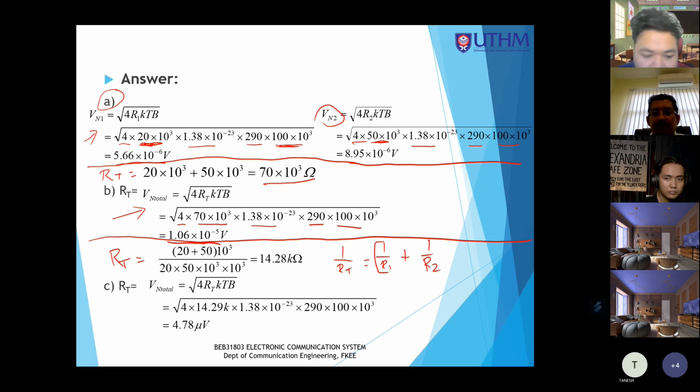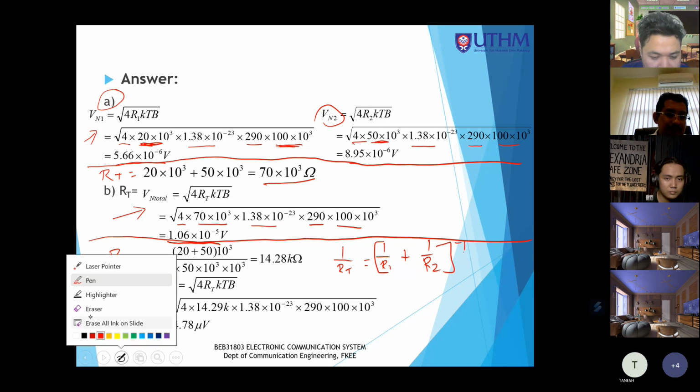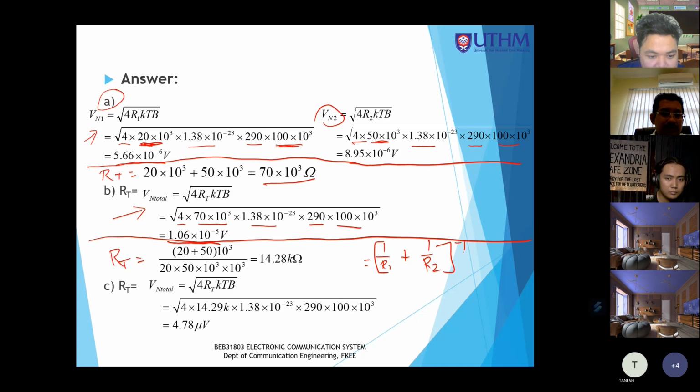So this is supposed to be minus 1. So yeah, padam je. So this is R total like this. So you akan dapat R total untuk selari, which is 14.28 kilo ohm.